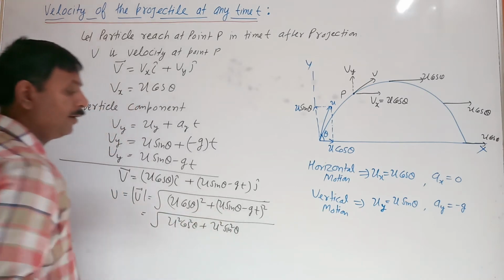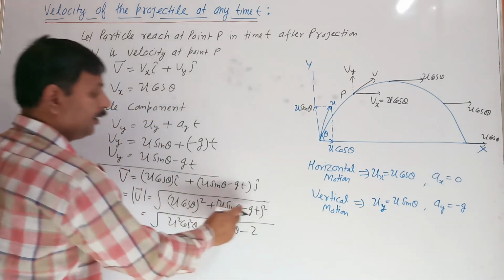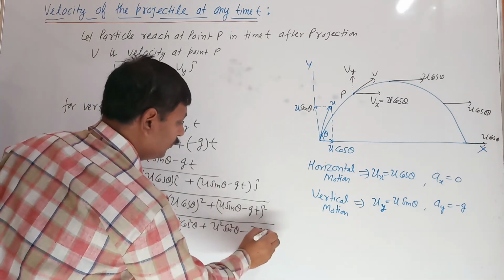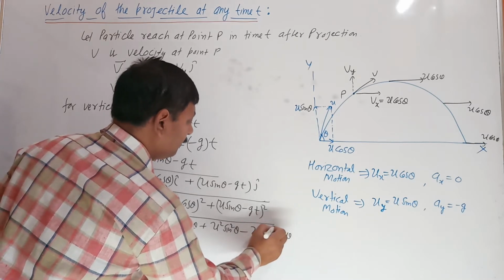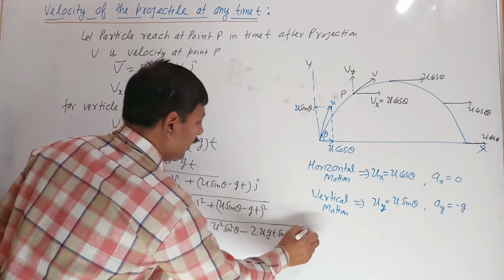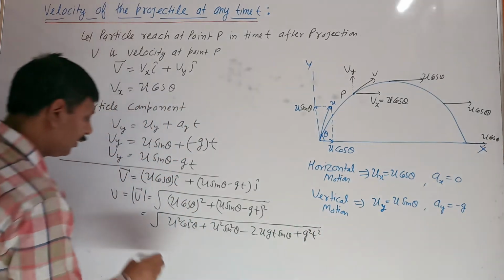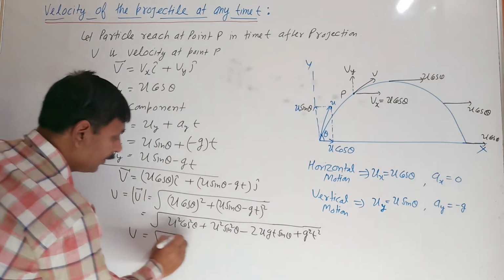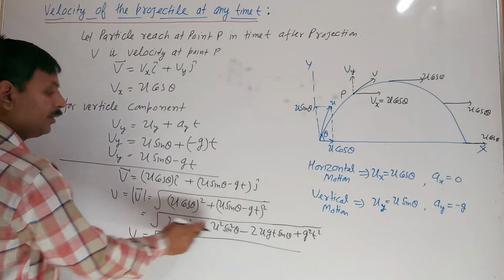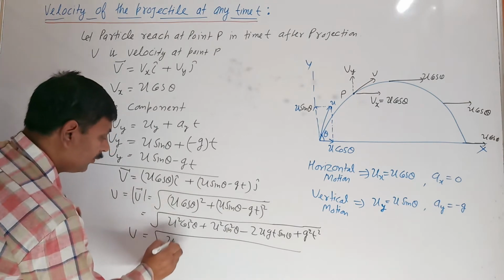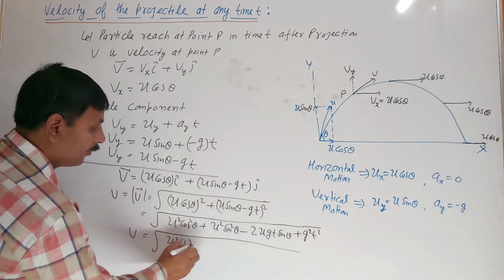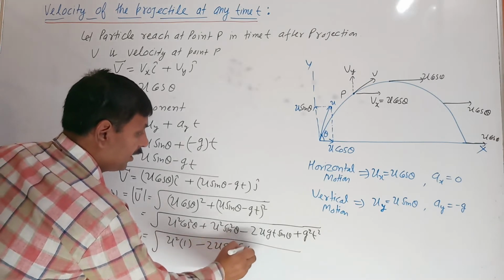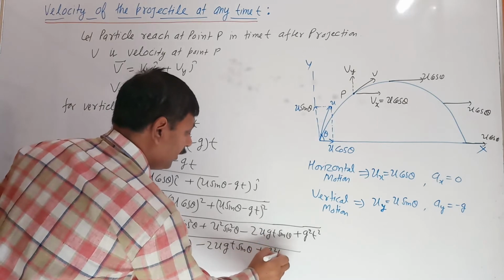Solve this: u square cos square theta plus u square sin square theta, and using a minus b whole square, a square minus 2ab, minus 2u gt sin theta plus g square t square. Also we can write the magnitude of velocity: u square we take common, cos square theta plus sin square theta is equal to 1, minus 2u gt sin theta plus g square t square.